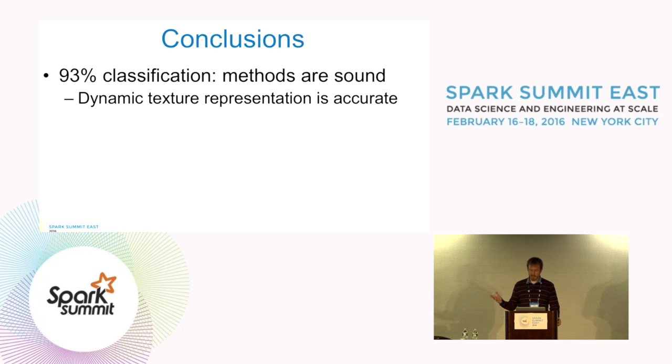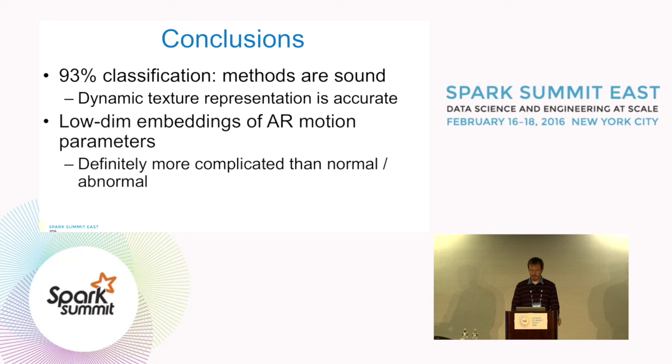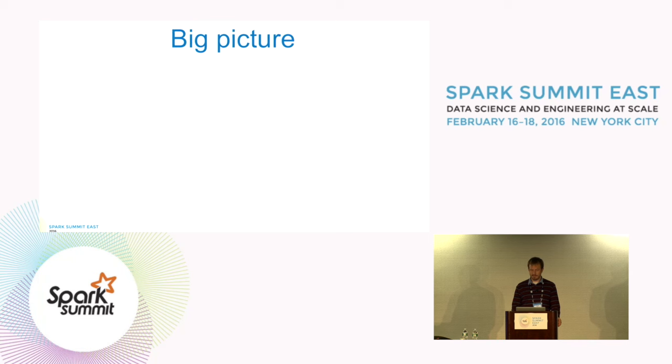So we have a 93% classification rate between normal and abnormal, so we know this dynamic texture representation works. We have this definition of a low-dimensional embedding of autoregressive parameters, but it's definitely more complicated than just a binary normal-abnormal distinction, which means we need a whole lot of data.